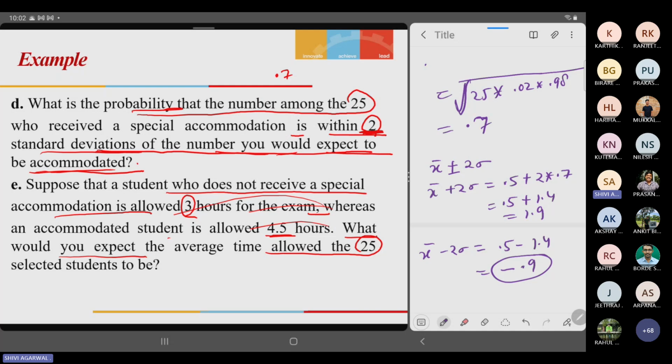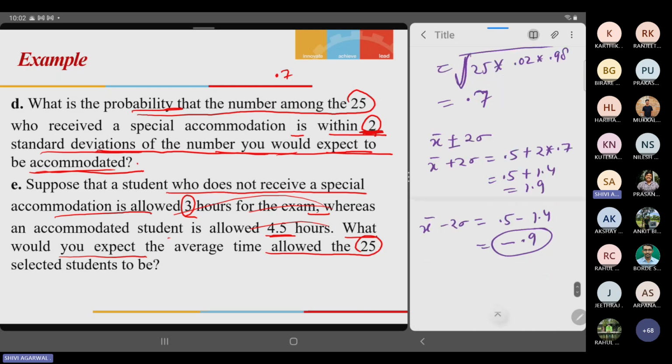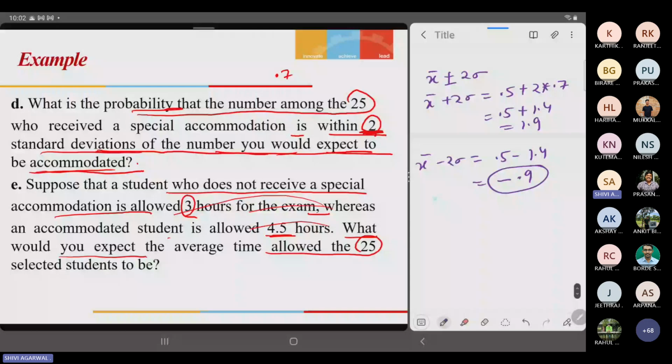X is starting from 0. So we can just take x varying from 0 up to 1.9. 1.9 means up to 1 only, because these are discrete values. So the probability between 0 and 1.9 is probability when x is equal to 0 plus probability when x is equal to 1, because the next probability comes at x equal to 2, which is not included here.